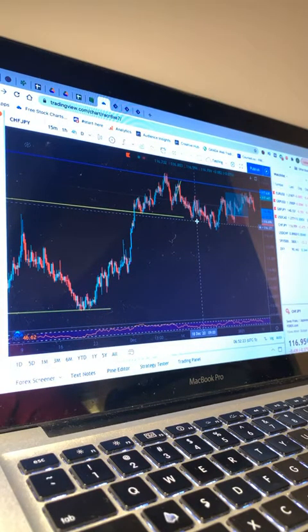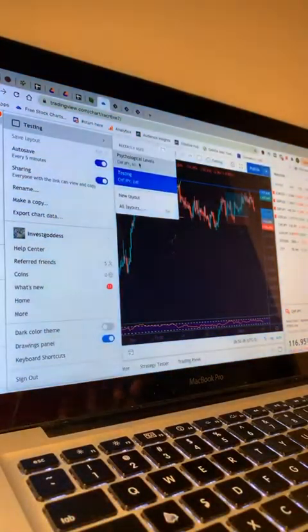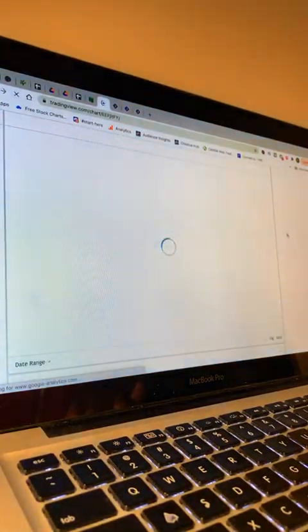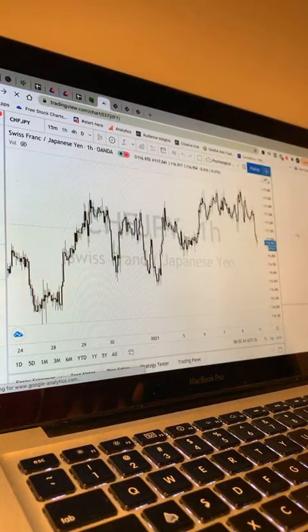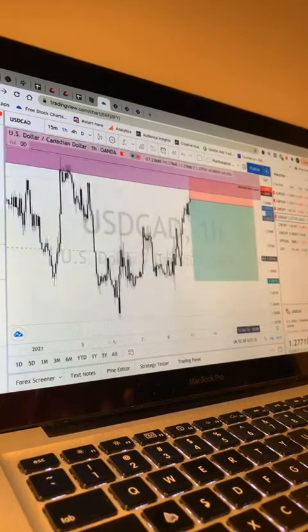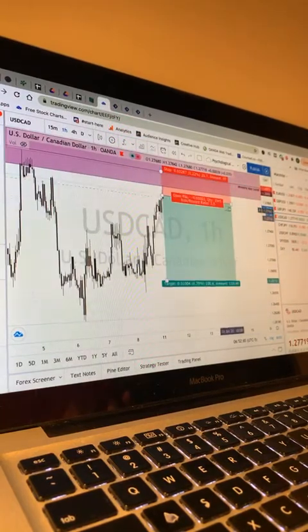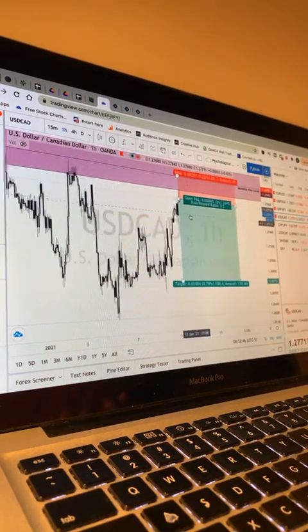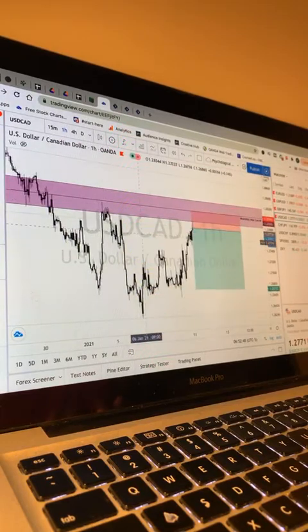How long do I think it'll sell for USDCAD? Let me go back to that one really quickly. So I have it mapped out to the 14th just to give it space. It could be faster or it could be slower.